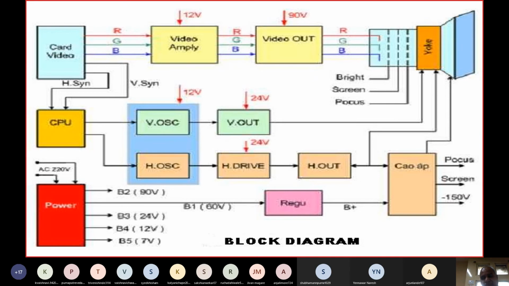Most of the sections, instead of individual components, are now implemented using ICs. So those block diagrams are almost gone, and replaced with certain typical ICs, and that IC carries out the function of 4 to 5 blocks.